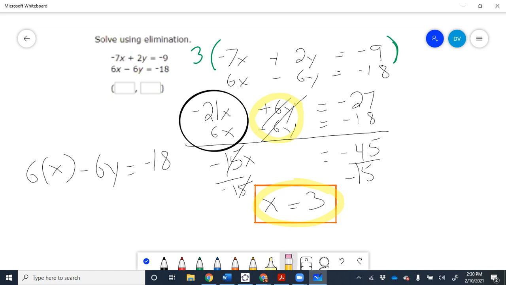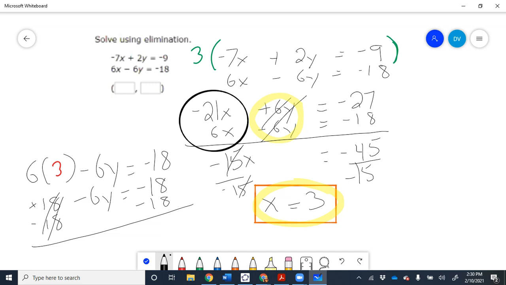I'm going to erase the x and replace it with a 3. Doesn't that give me 18? 6 times 3 is 18. 18 minus 6y equals -18. Now this is really a positive 18, isn't it? Even though I didn't put a plus there, that means we have to subtract 18 on both of these, don't we?